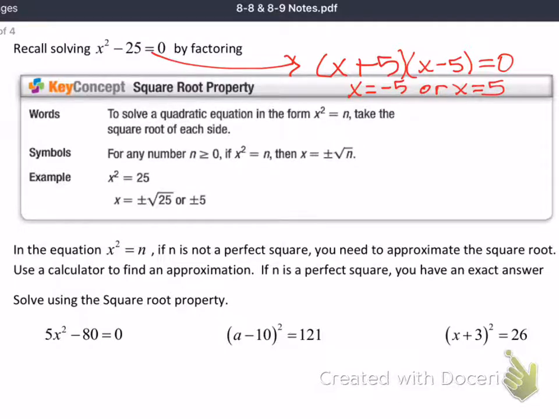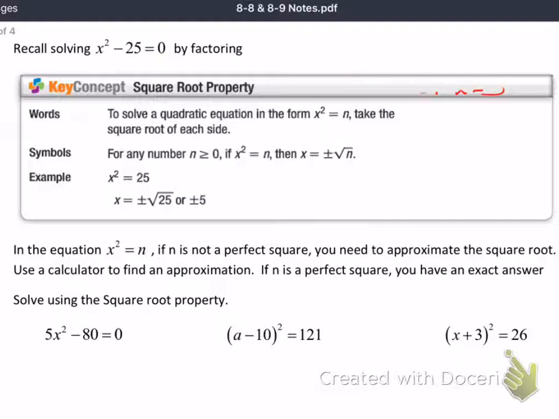Or what you can do is, instead of getting 0 on one side, what if I had added 25 to both sides? And if I add 25 to both sides, then I get x squared equals 25. And then what you can do, you can take the square root on both sides.